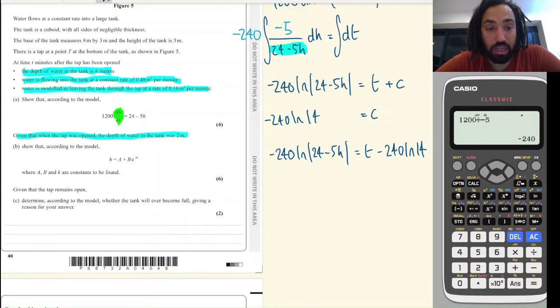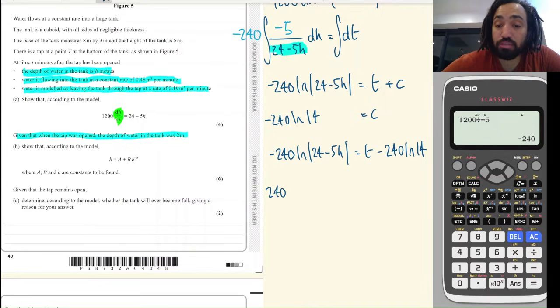Okay, now how am I going to solve this? Because I need this in terms of h. Well, what I'm going to do in the first instance is add that 240 ln 14 to this side. So I'm going to get 240 ln 14 minus 240 ln 24 minus 5h is equal to t.